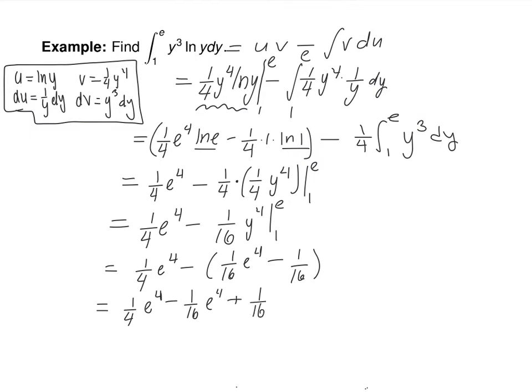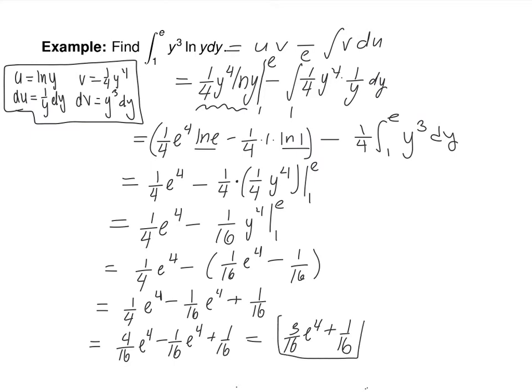And you can combine like terms. The 1/4 e to the 4th and 1/16 e to the 4th can combine. So get a common denominator, that is 4/16 e to the 4th minus 1/16 e to the 4th plus 1/16, which equals 3/16 e to the 4th plus 1/16.